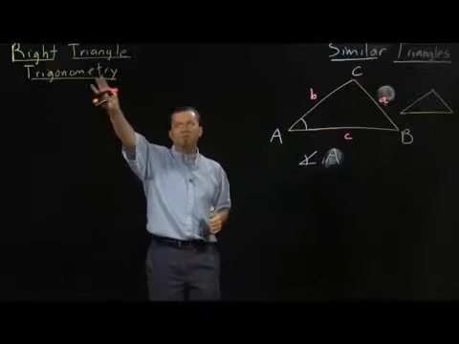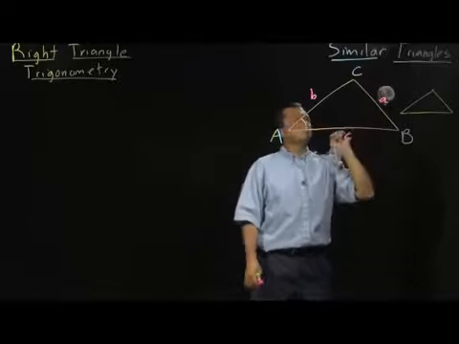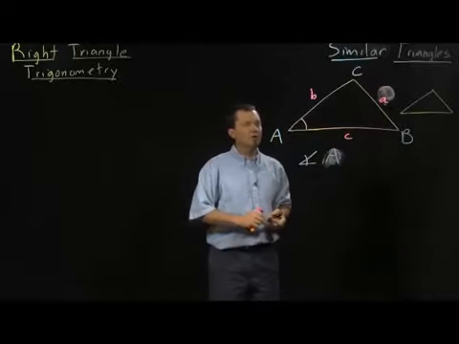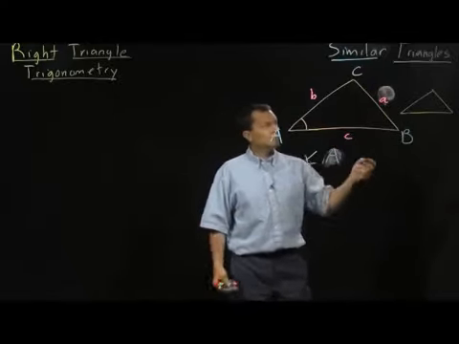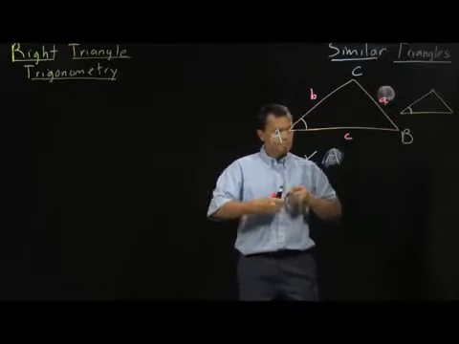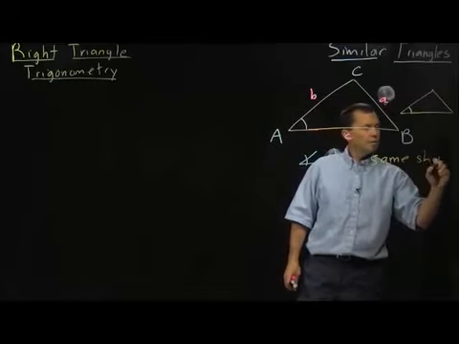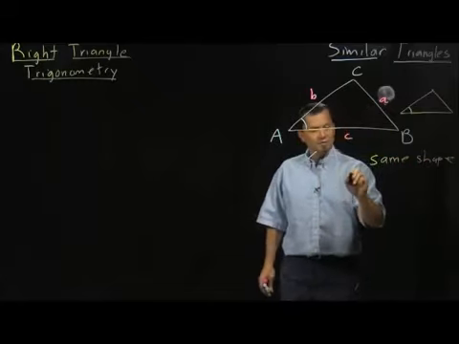Now, one of the keys to right triangle trigonometry is the fact that we need to use properties of similar triangles. Okay? So similar triangles, they have the same shape but different size.